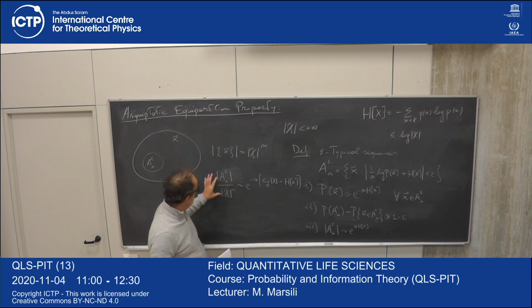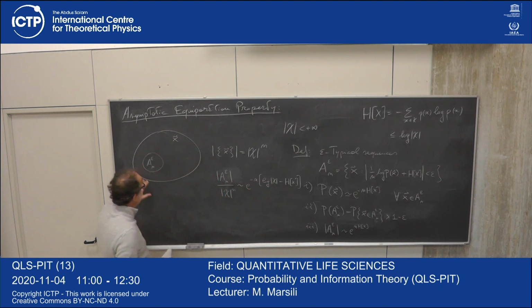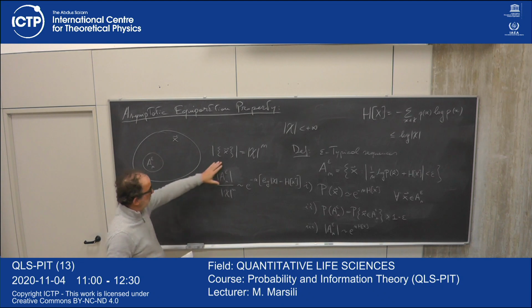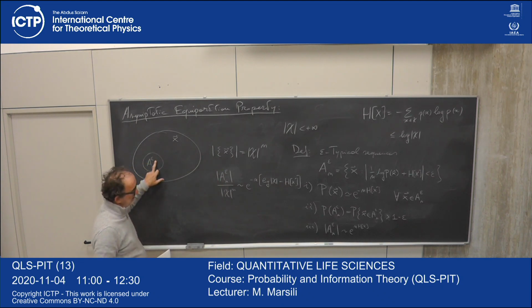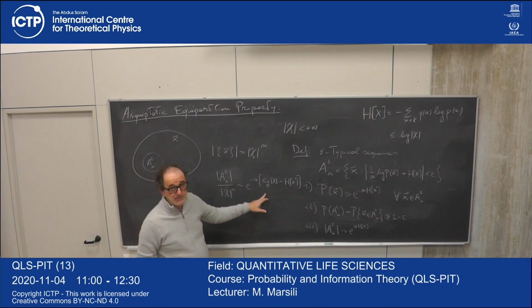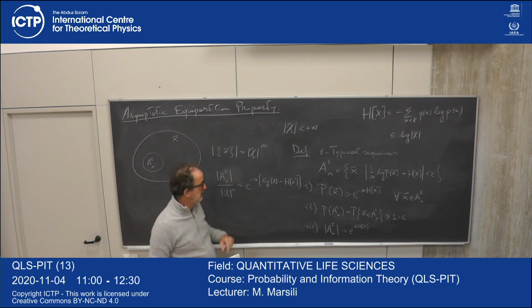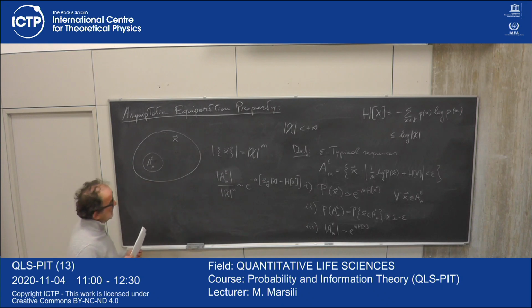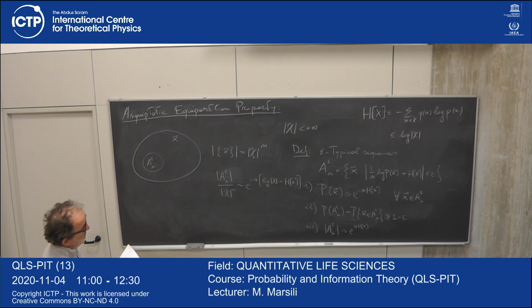Okay, so if I take a sequence at random in the set of all possible sequences, the probability that I find an epsilon typical sequence will be exponentially small. Okay, and so these epsilon typical sequences are very, very few compared to all possible sequences.